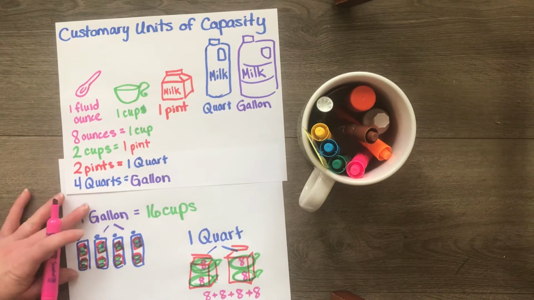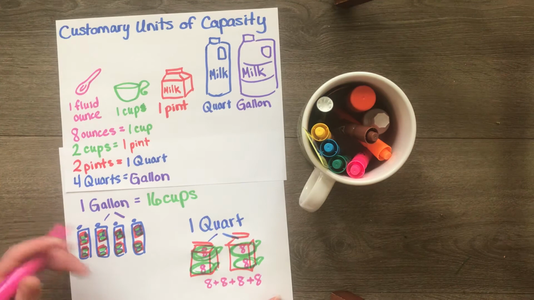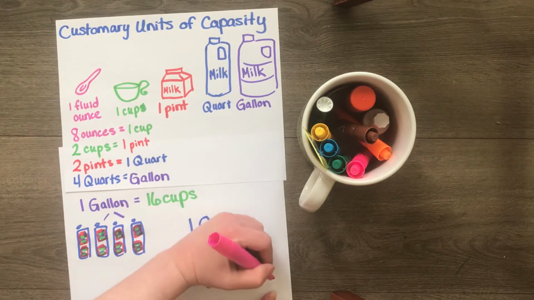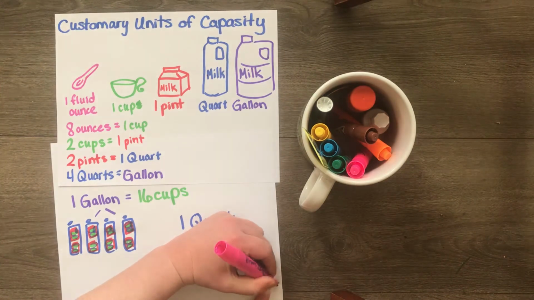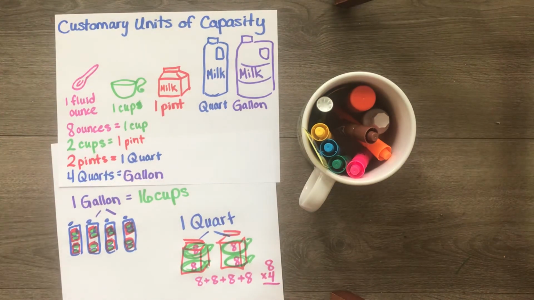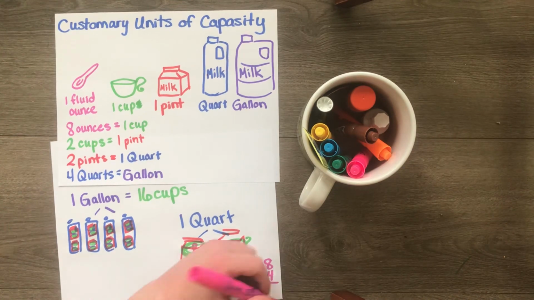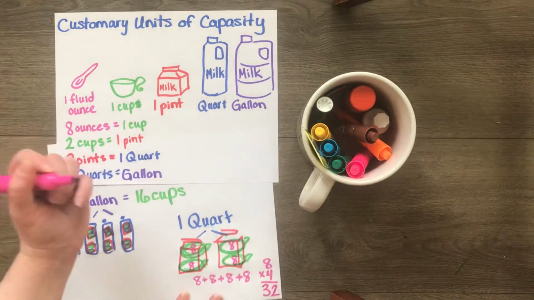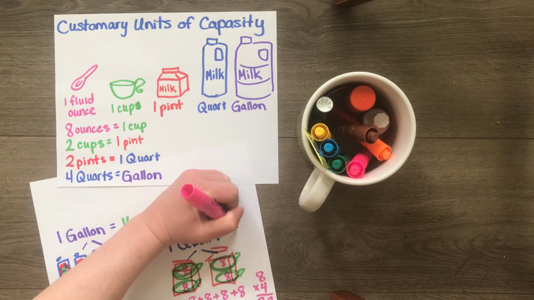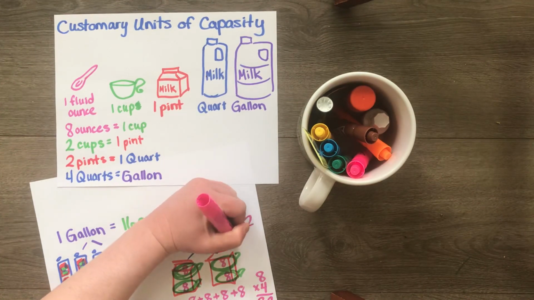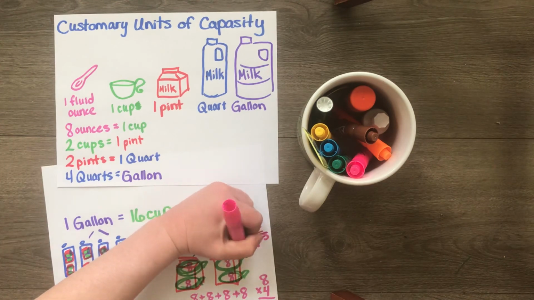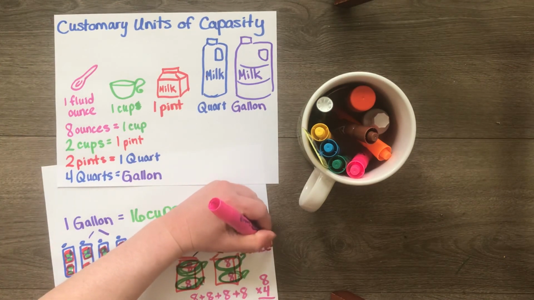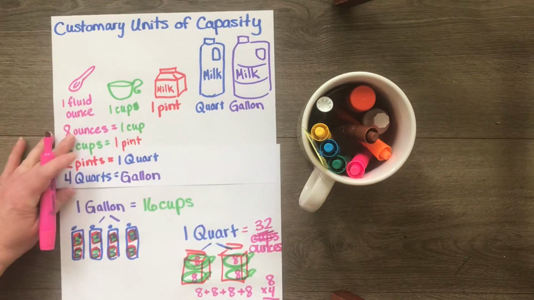I could do a shortcut and make this 8 times 4. What is 8 times 4? Shout it out. That's right, it's 32. So I know that 1 quart is equal to 32 ounces. That's what I wanted to convert to. There we go. All right, people.